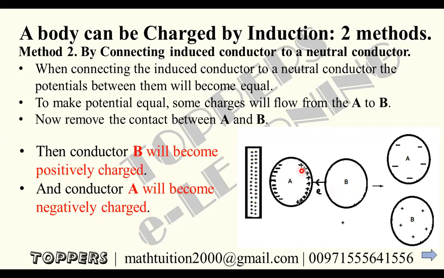The electrons on A will be uniformly distributed, so A becomes negatively charged. Similarly, on B, the positive charge will be uniformly distributed on the surface of the material, and it will become positively charged. So at the same time, we can make one object positive and the other negative using this second method, right?